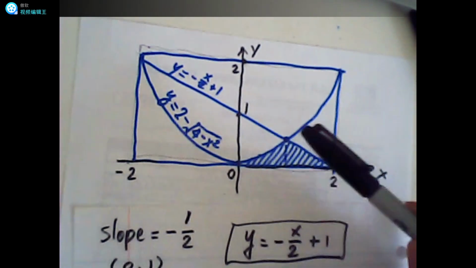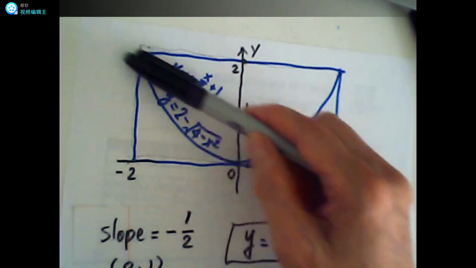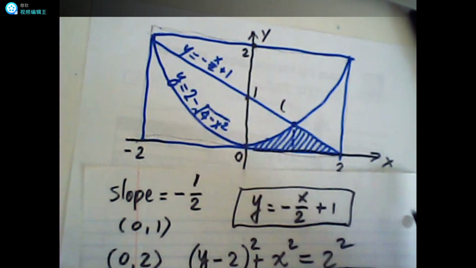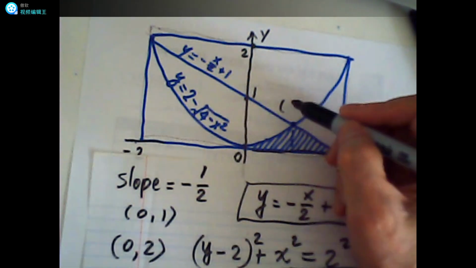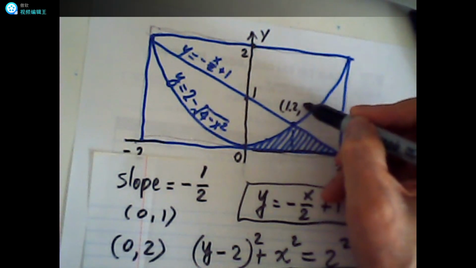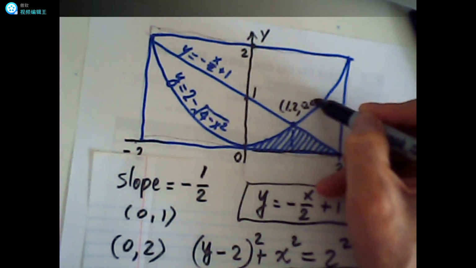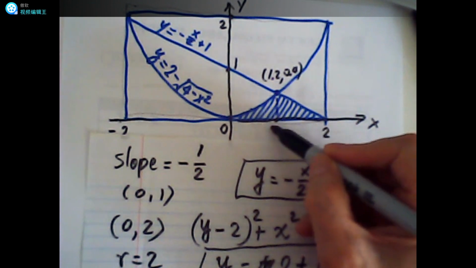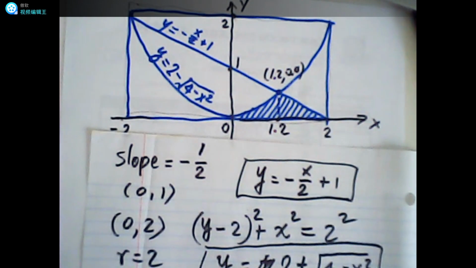These are the intersecting points of the semicircle and the straight line. So this point is (1.2, 0.4).